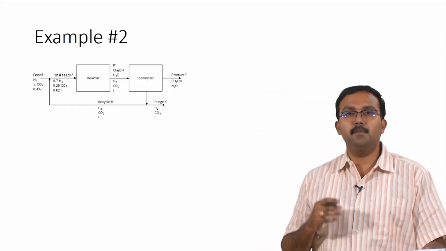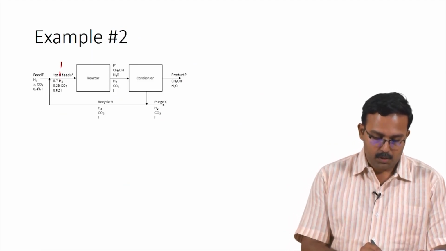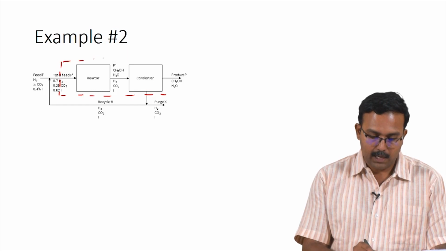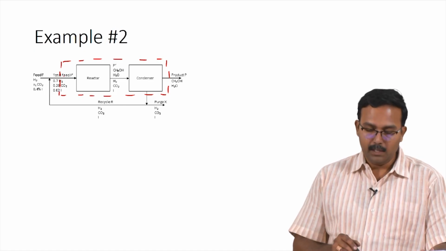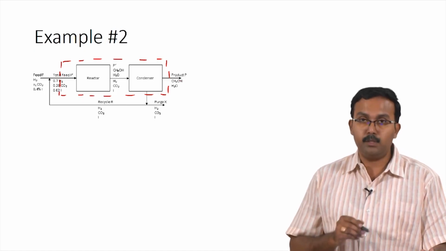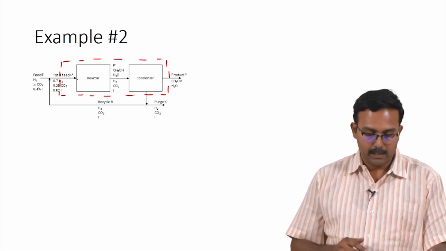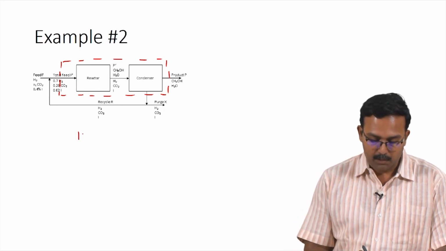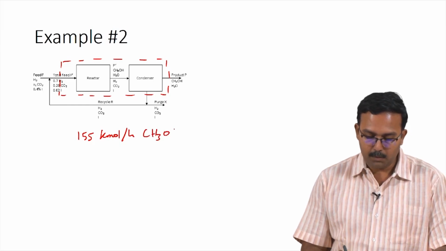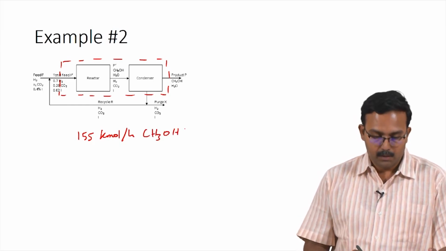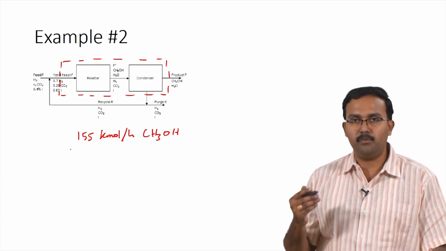Let us first consider a system where we have enough information about the compositions. For this reason, we will choose the system which is the reactor plus condenser. For this system we have information about the total feed, and we also know the amount of methanol being produced in the product. So, using this, let us try to calculate what would be the total feed. What we have is 155 kilomoles per hour of methanol being produced. Looking at the stoichiometry, 1 mole of carbon dioxide reacts with 3 moles of hydrogen to produce 1 mole of methanol.